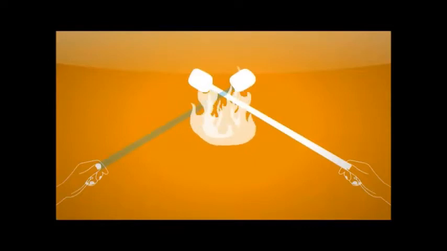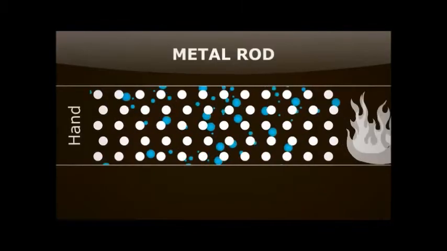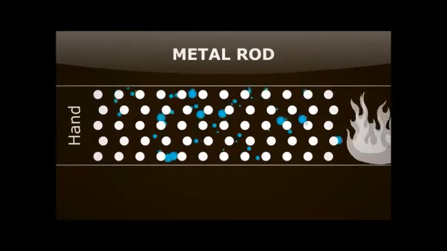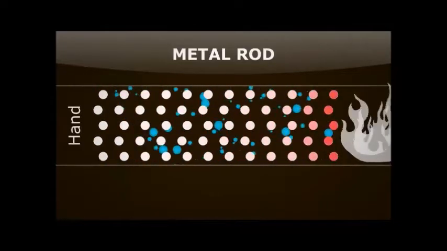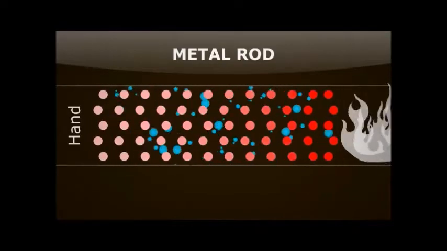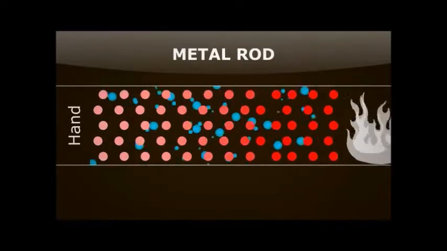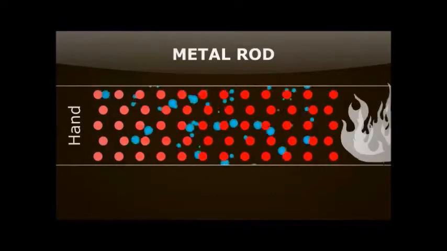Conduction. Perhaps the most familiar form of heat exchange is conduction, which is the flow of heat directly through a physical material. For example, if you hold one end of a metal rod and put the other end in a fire, it doesn't take long before you begin to feel warmth on your end.